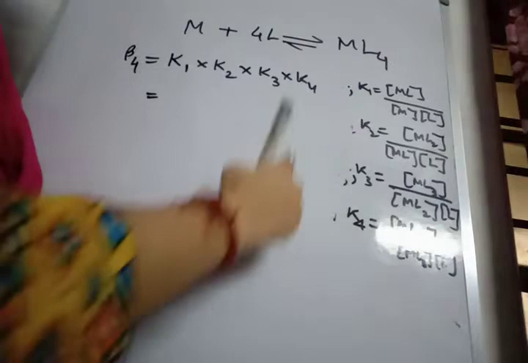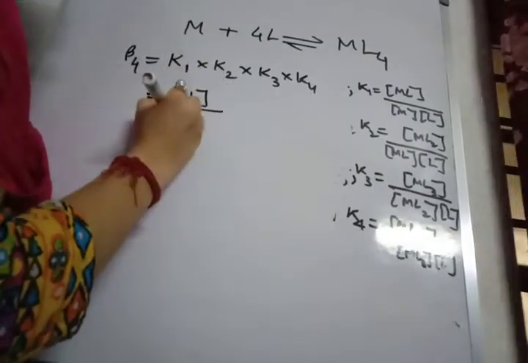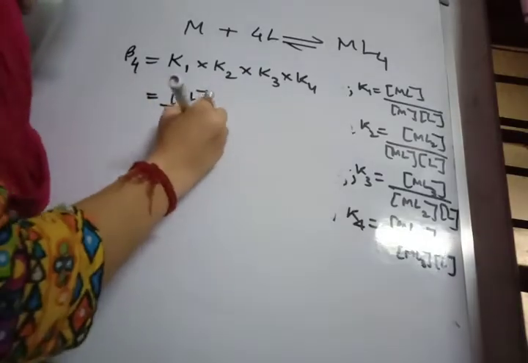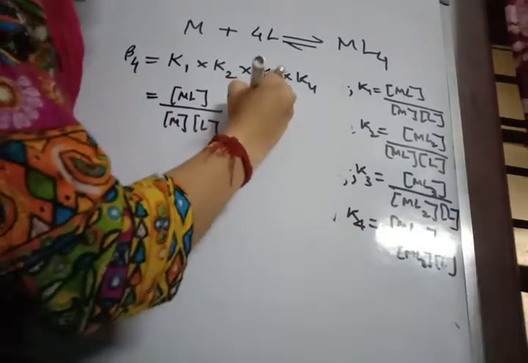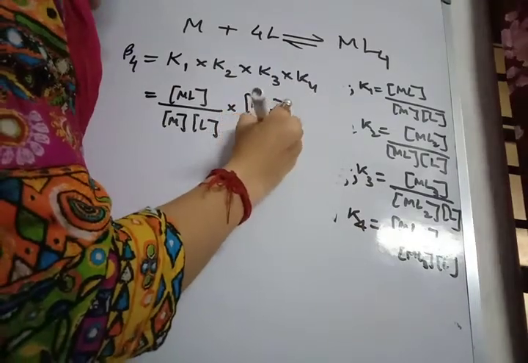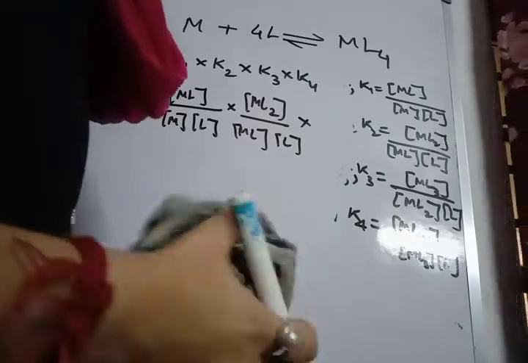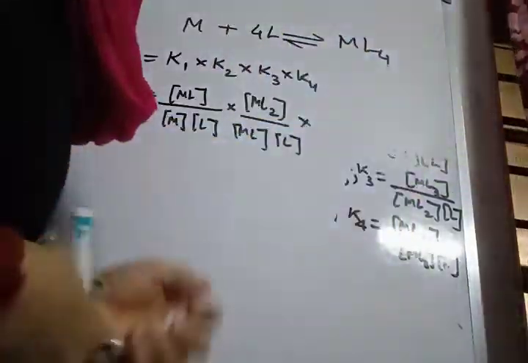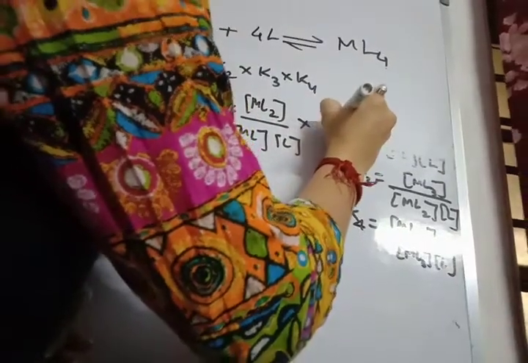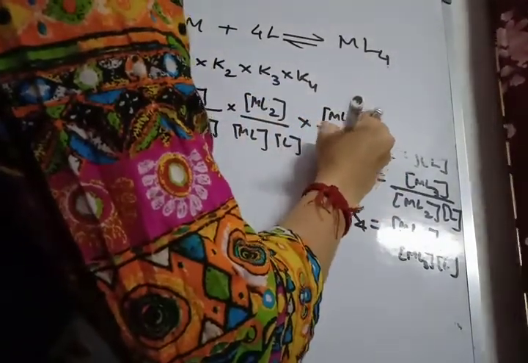Now we have to put their values. K1 is this one. K2. Then K3 value, K3 is your this one.